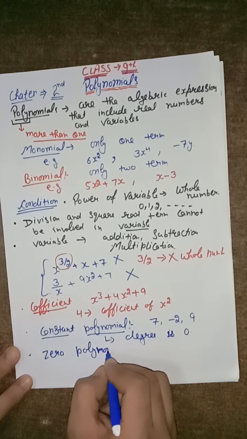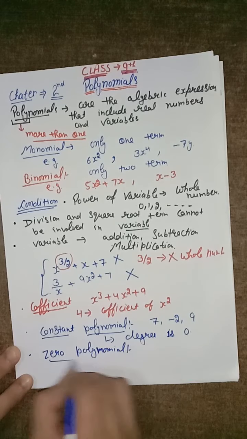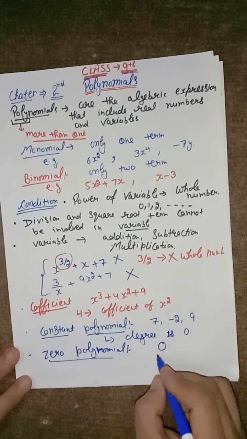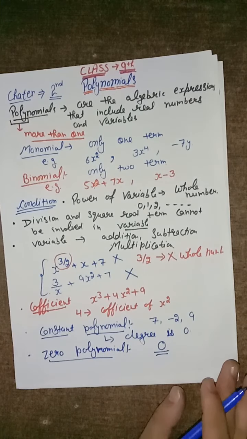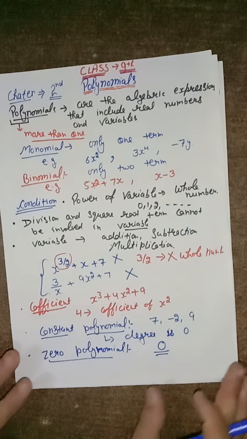Simply 0. 0 is my zero polynomial. And our last terminology is degree of polynomial.